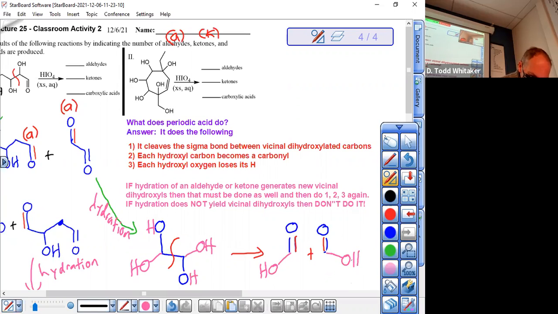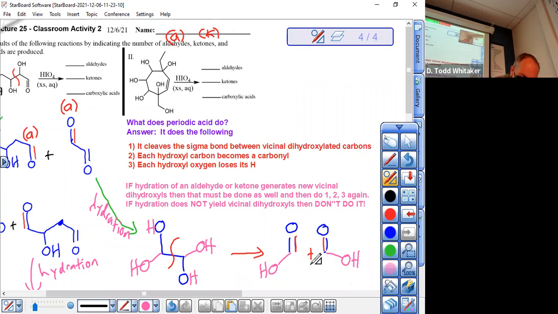I know, shaky stuff. There we go. Did I follow the parts? Let's see. Cleaves the sigma bond between vicinal dihydroxylated carbon. Cleaves this. That's what that means. Each hydroxyl carbon becomes carbonyl. Each hydroxyl oxygen, that's this one and this one where you did the cut, loses its H.